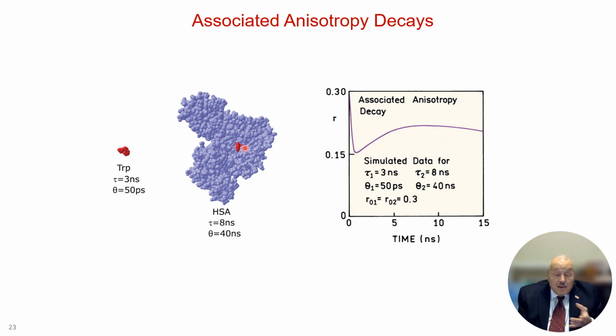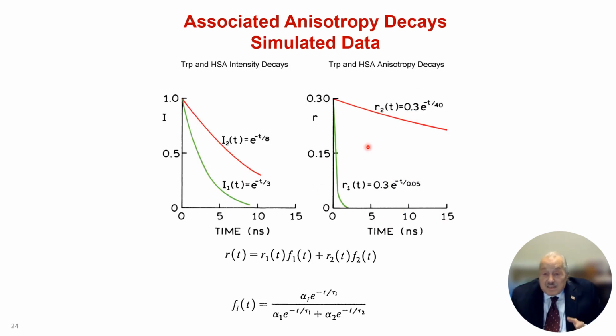And then we have another rotating species, human serum albumin in this case, which has a rotational correlation time of 40 nanoseconds, and we gave it a slightly longer lifetime. What do the anisotropy decays look like in that case? Well, we put the intensity decays down. So in one, we had two similar intensity decays, but the anisotropy decay is very different.